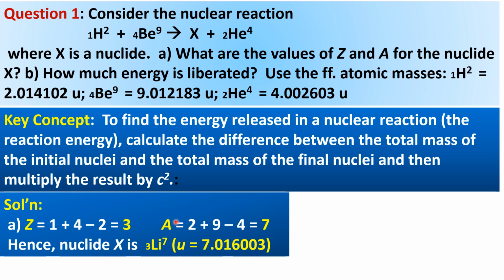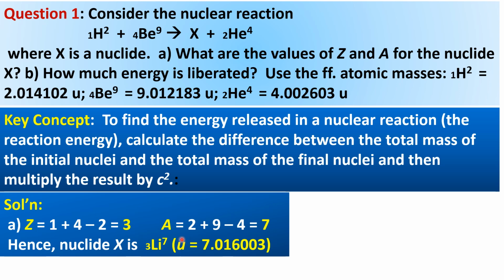We can verify that by also getting the mass number. Simply we just add the mass numbers of the reactant elements, meaning 2 for deuterium plus 9 for beryllium, and then deduct the mass number of alpha nucleus, which is 4. So 2 plus 9 minus 4, we get 7.